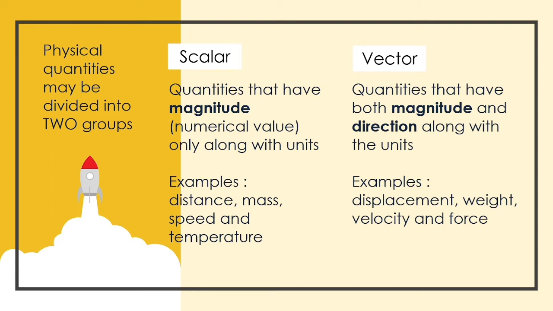This means that we will have to mention how fast it is going in terms of distance covered per unit time and describe what direction it is headed. Example of vector quantities: displacements, weight, velocity, and force.